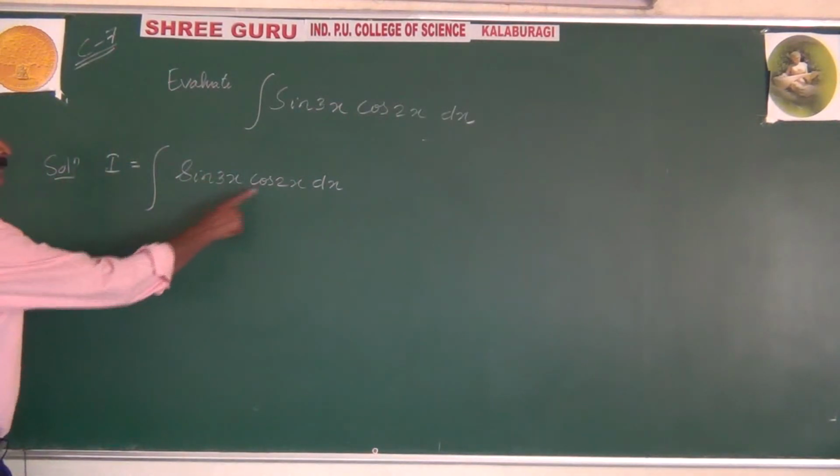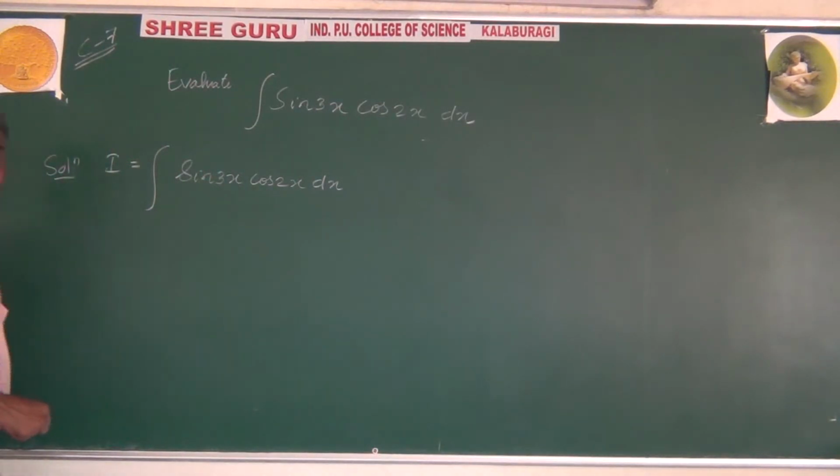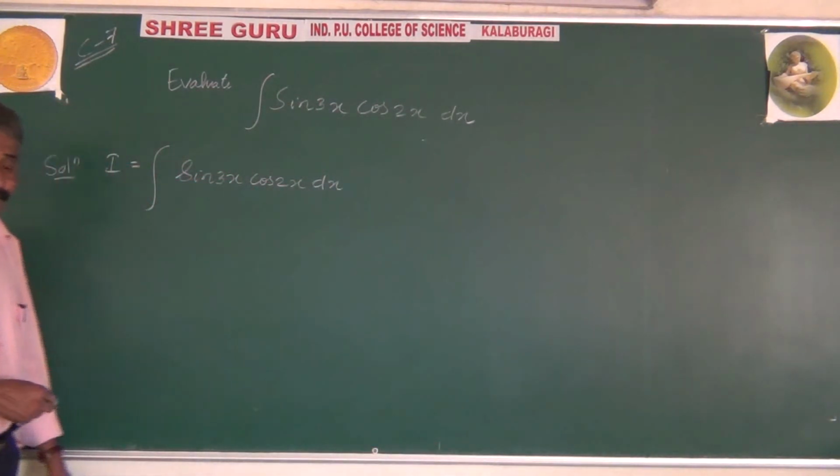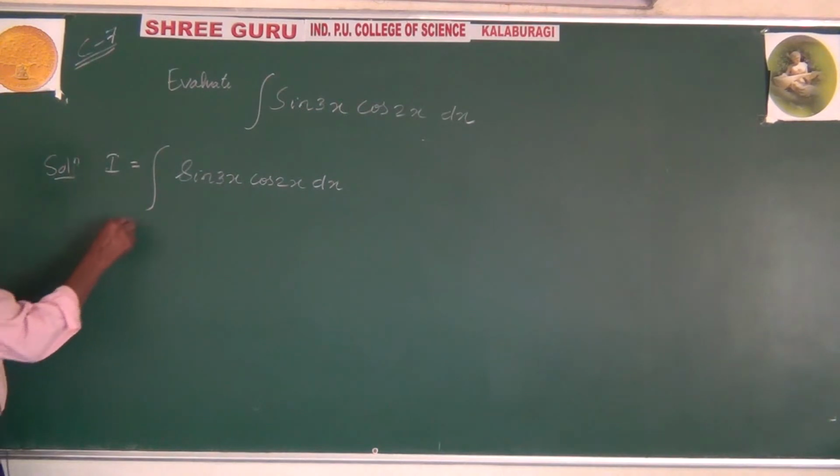It is just like sin A cos B. Sin A cos B formula is 1 by 2 into sin A plus B plus sin A minus B. So let's use that.